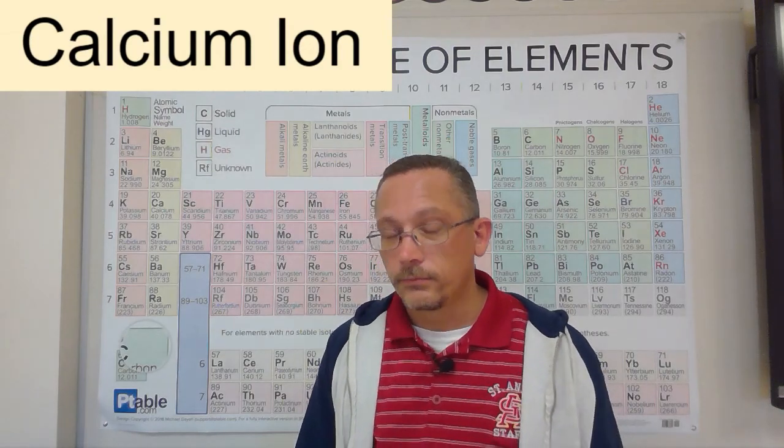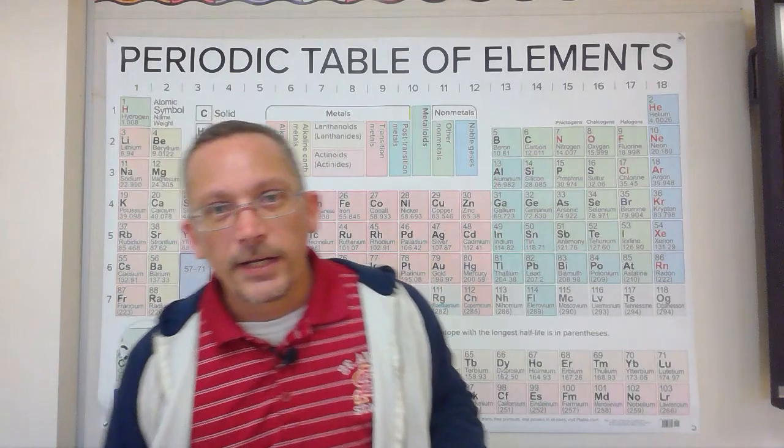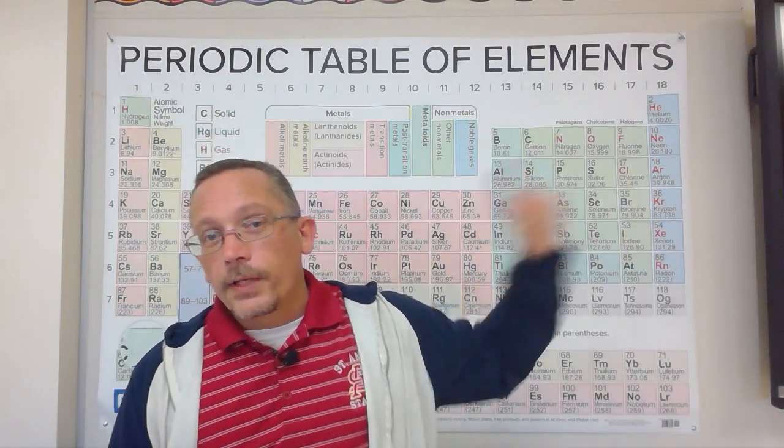To name these ions, okay, really complex here, you take the name of the element and you put the word ion after it. So if I'm talking about an ion that forms from a calcium atom, the name of that ion is calcium ion. Really tough, right? Let's talk about the anions for a minute. Okay, the negative ones that form from the nonmetals.